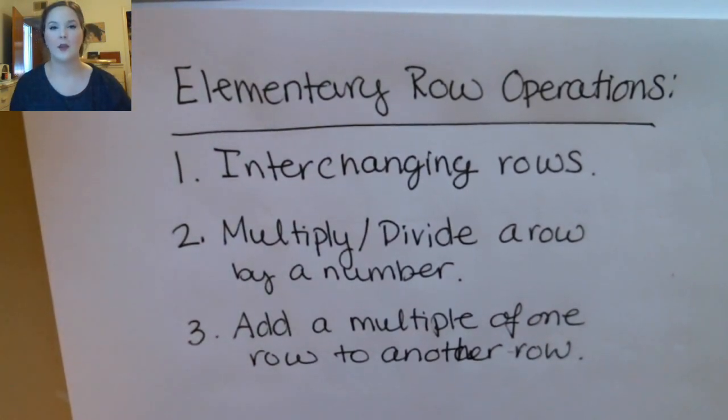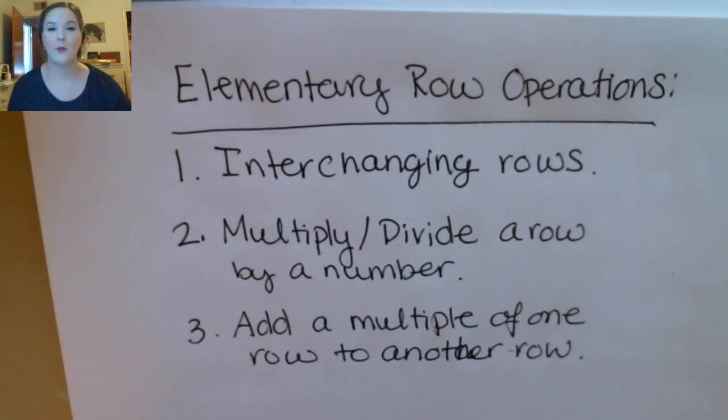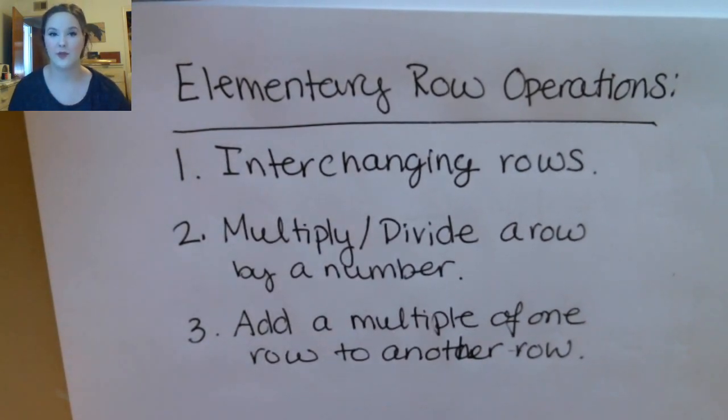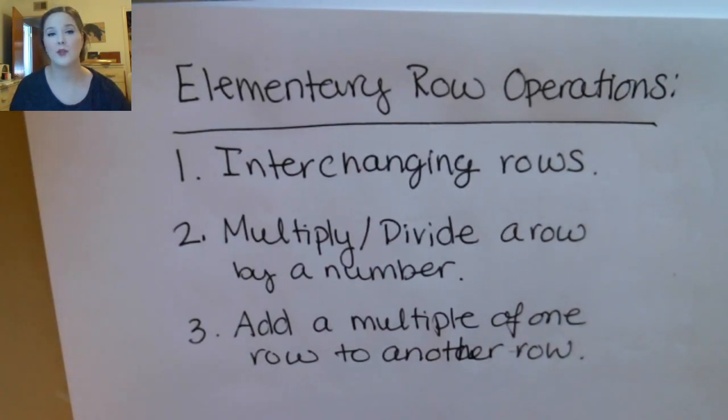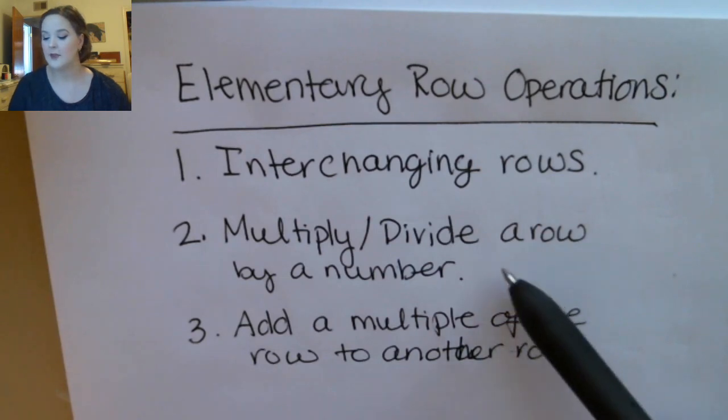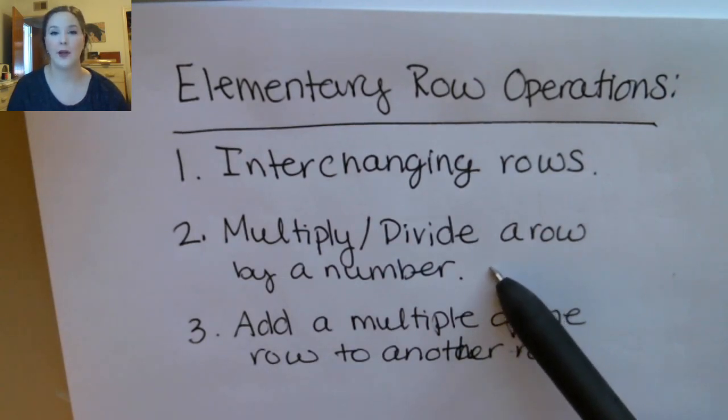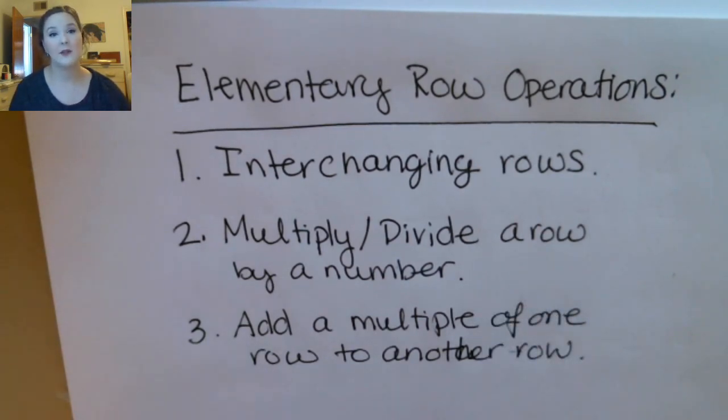Now I want to talk really briefly about what these correspond to in terms of the equations. If you are interchanging 2 rows, remember each row corresponds to its own equation, so you would just be reordering the equations. Multiply or divide a row by a number: remember that single row is one equation, so you're just multiplying the whole equation by one number or dividing the whole equation by one number.